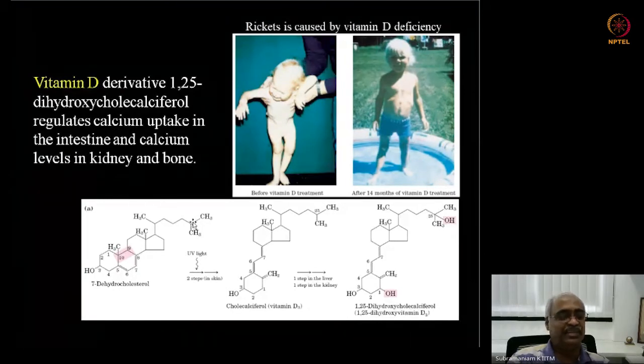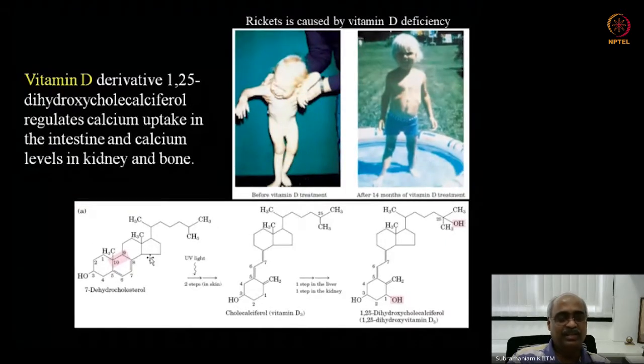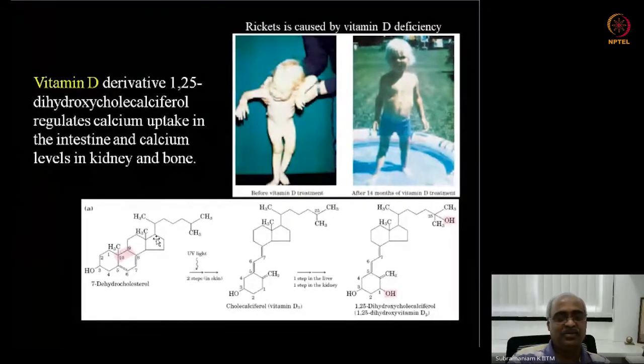You might think, where is the isoprene? In the previous slide you said these are all isoprene derivatives. Where is isoprene? So this is the isoprene derivative. Here we have a bulky steroid nucleus attached to it, and therefore you don't see the structure as a big thing. So this is vitamin D.